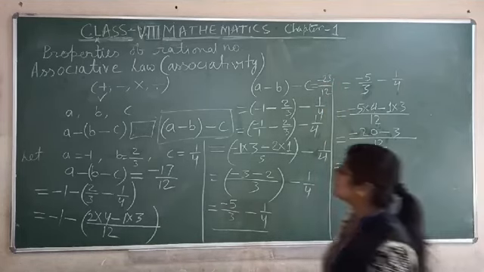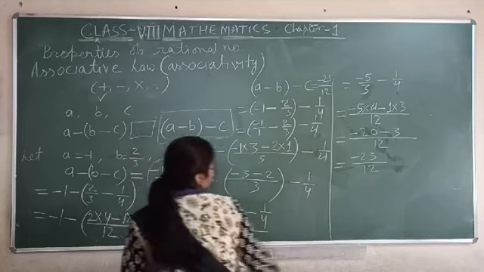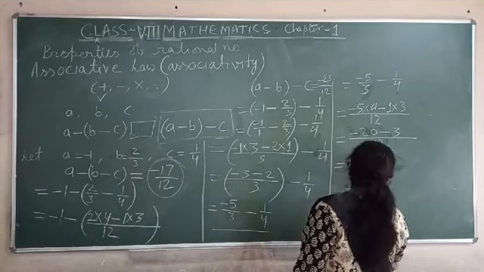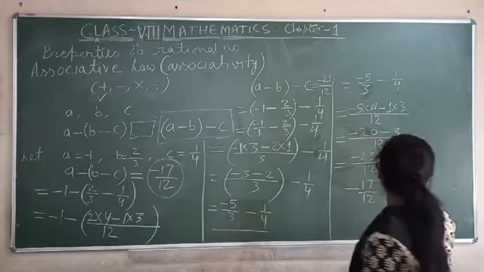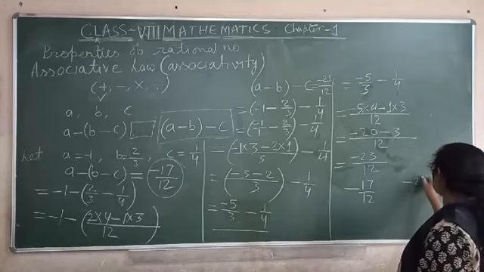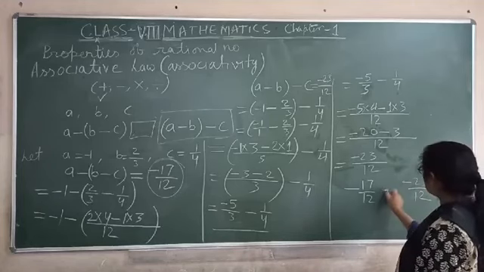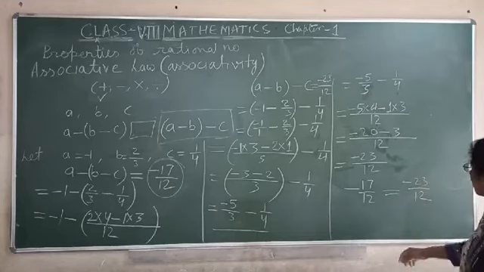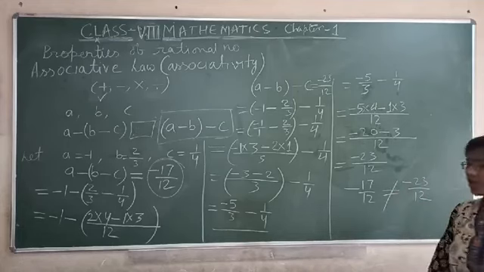And in the first case you are getting minus 17 upon 12. And here you are getting minus 23 upon 12. So can you say both are equal? No, these are not equal.